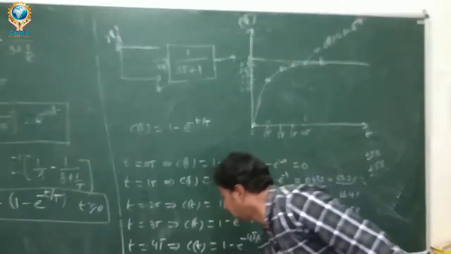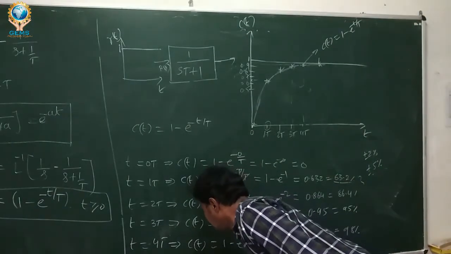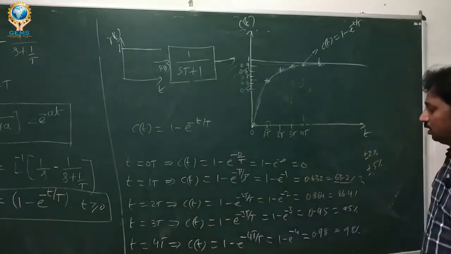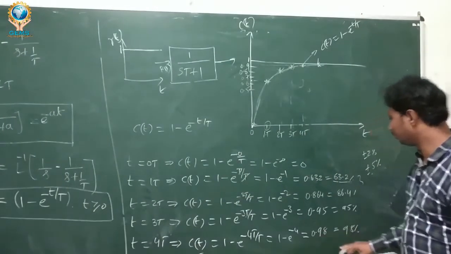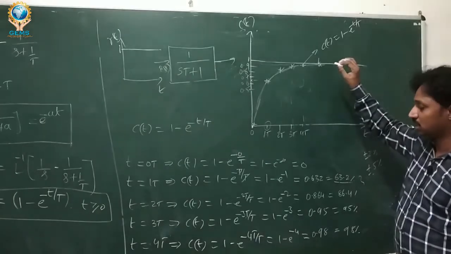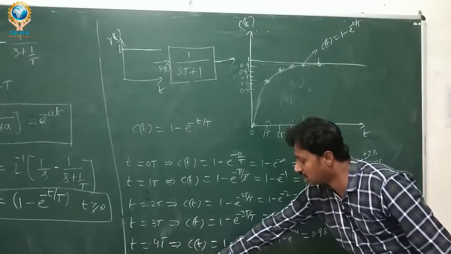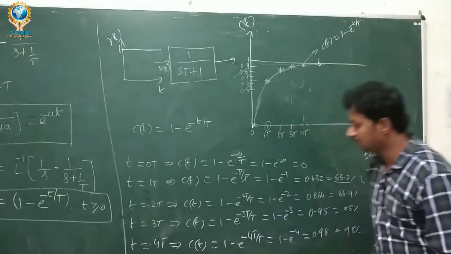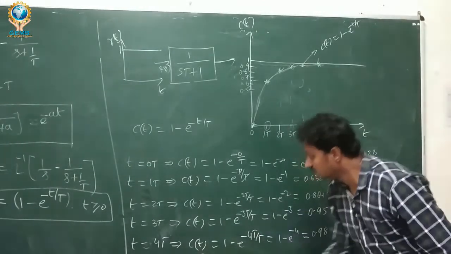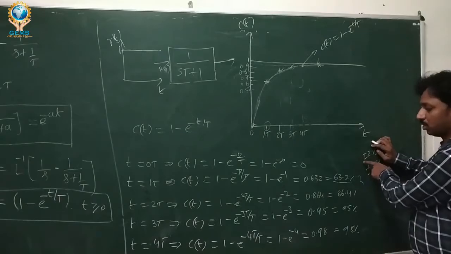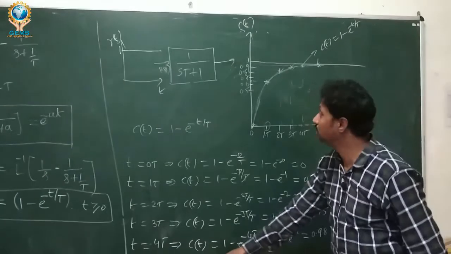After t greater than or equal to 4T, your system will settle here. It will not change after this. So only 2% band can be allowed. It is not going to change much, right?